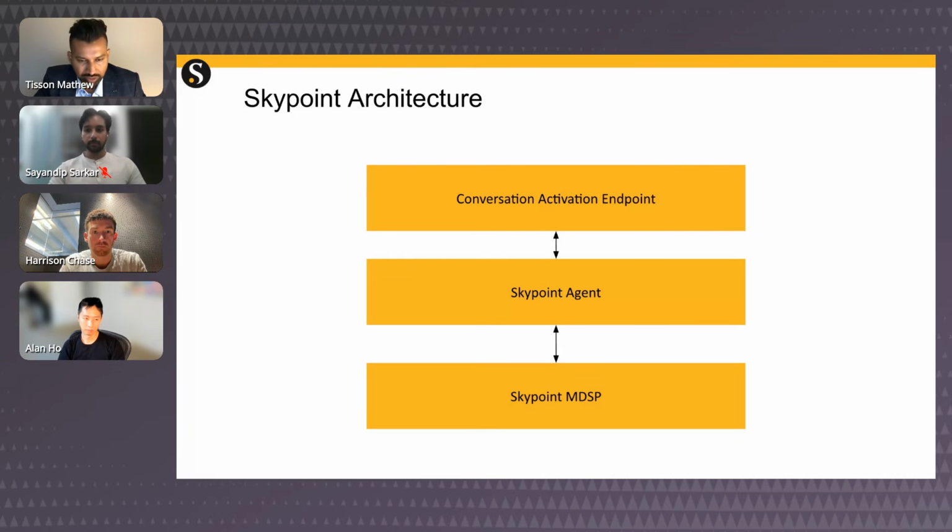So that's what we call the Skypoint MDSP, which is a data platform that really houses this. Within an enterprise, this could be a data warehouse, a data lakehouse. You could have your own file stores like Google Drive or other more complex regulatory file stores.